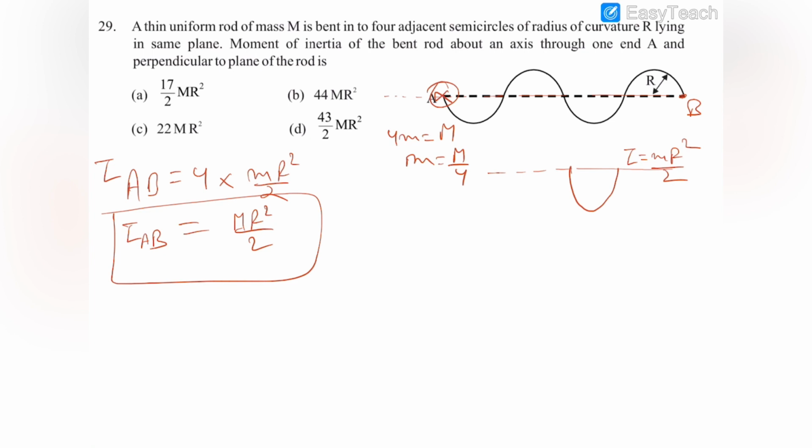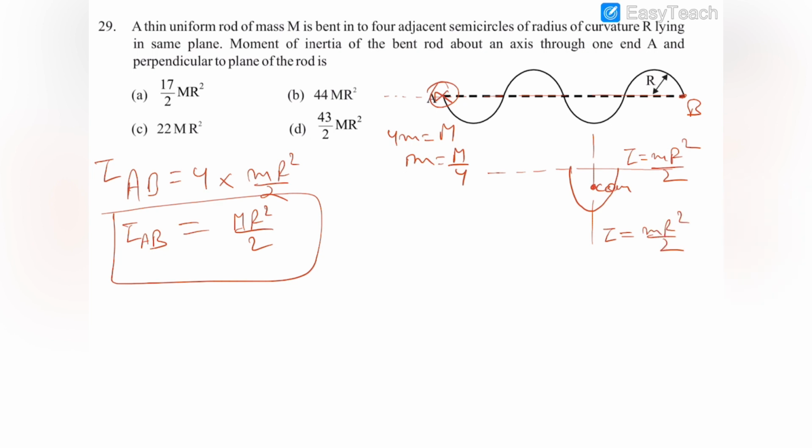Now along this axis, which is passing through the COM of the semi-ring, the moment of inertia is again the same formula as for the complete ring, mr square by 2.